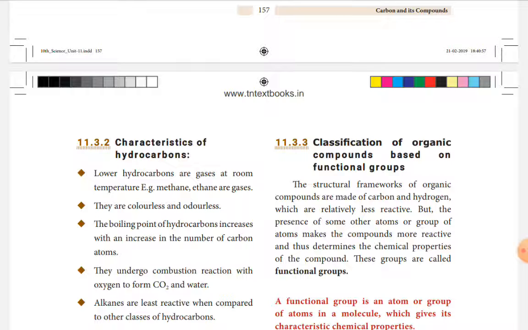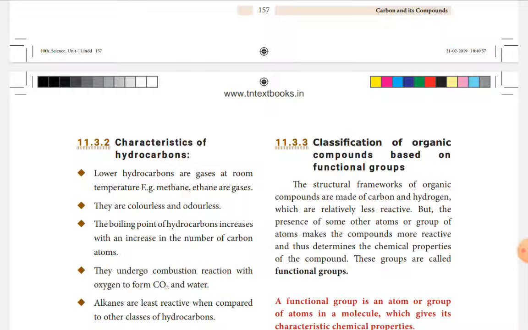Also these compounds undergo combustion reaction to give carbon dioxide and water. They are all normally least reactive. Out of these, alkane is the least reactive compared to the other classes, alkene and alkyne. Alkene possesses double bond, alkyne contains triple bond.